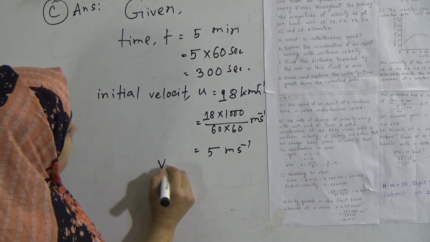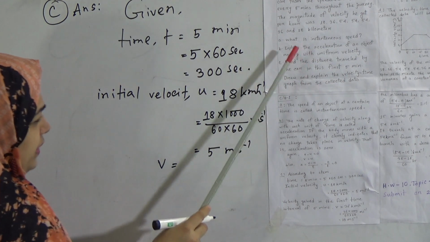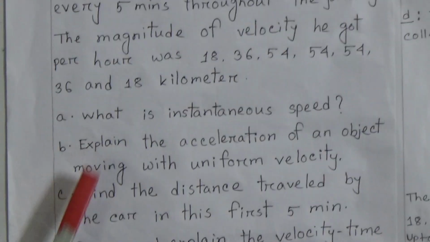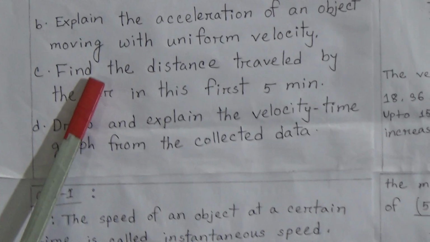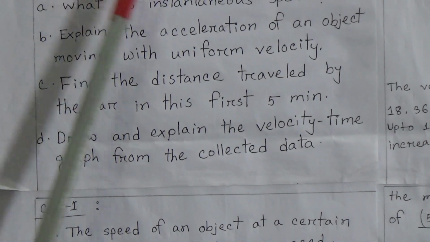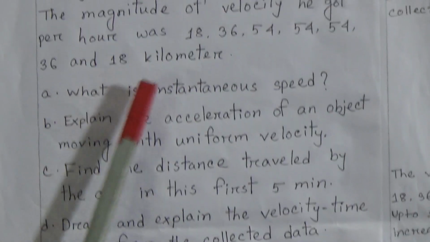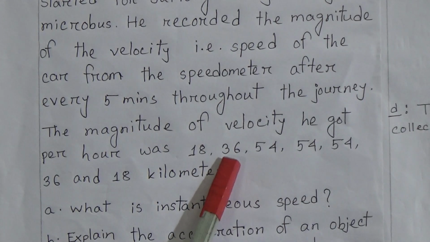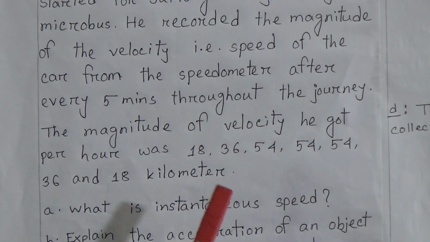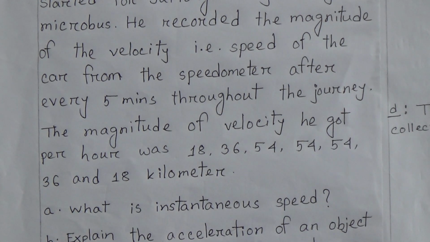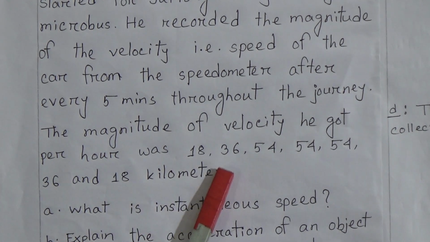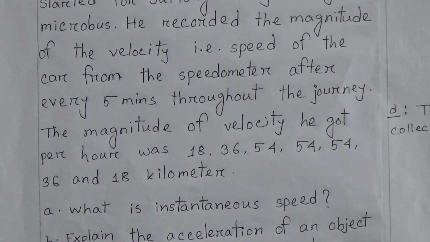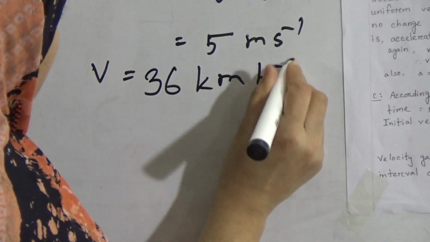And now the final velocity is, my dear students, the velocity gained in the first time interval of 5 minutes, and the final velocity will be 36 kilometer per hour.